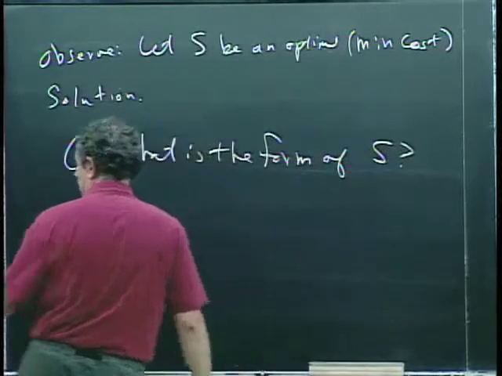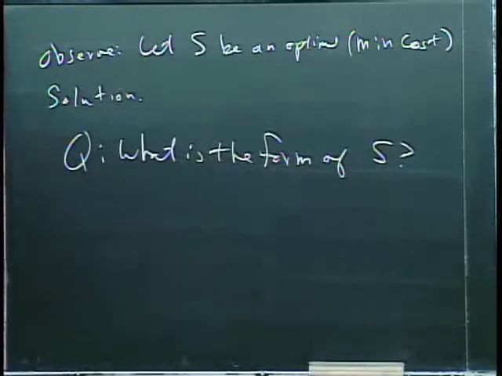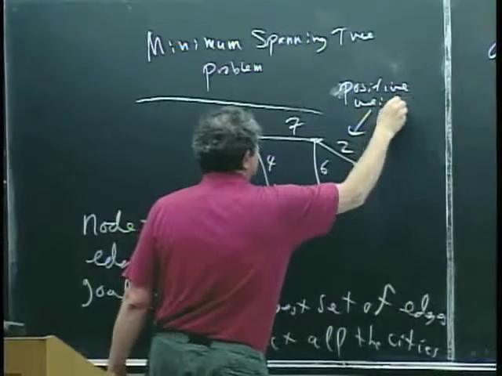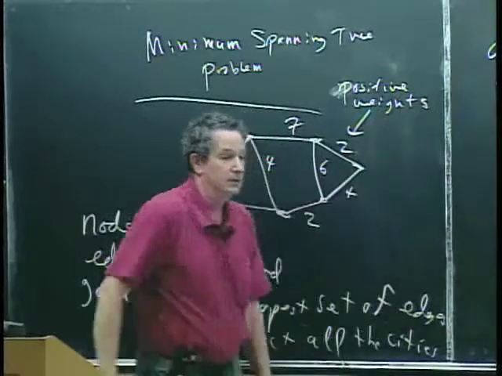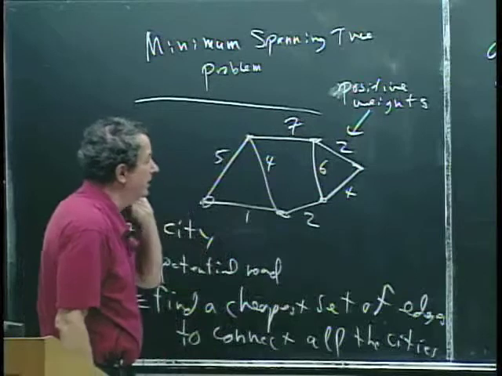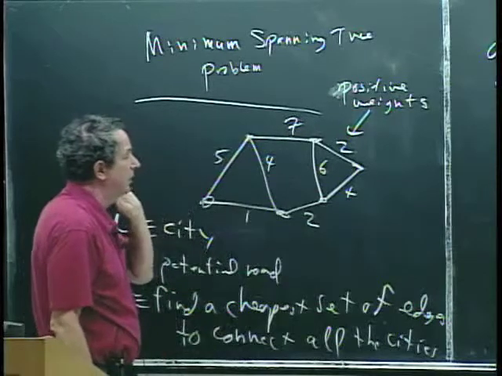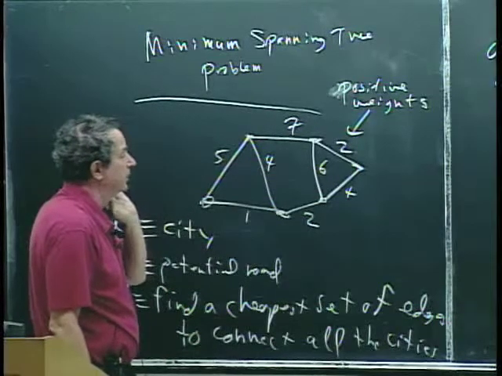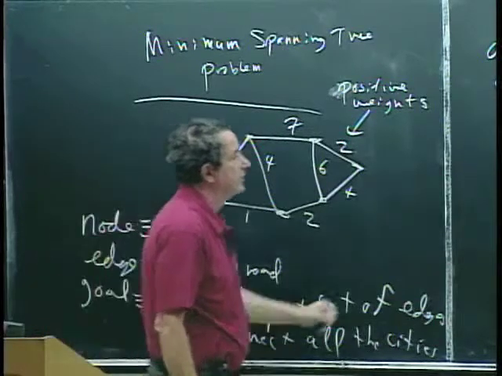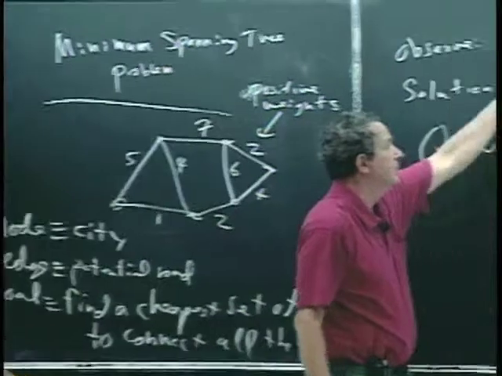And let me remind you that these edge weights here are non-negative, or let's make it simpler, positive. Okay, so if we want to connect everything together and we want to minimize the total cost that's used, what can we say about the form of the set of edges that form an optimal solution?